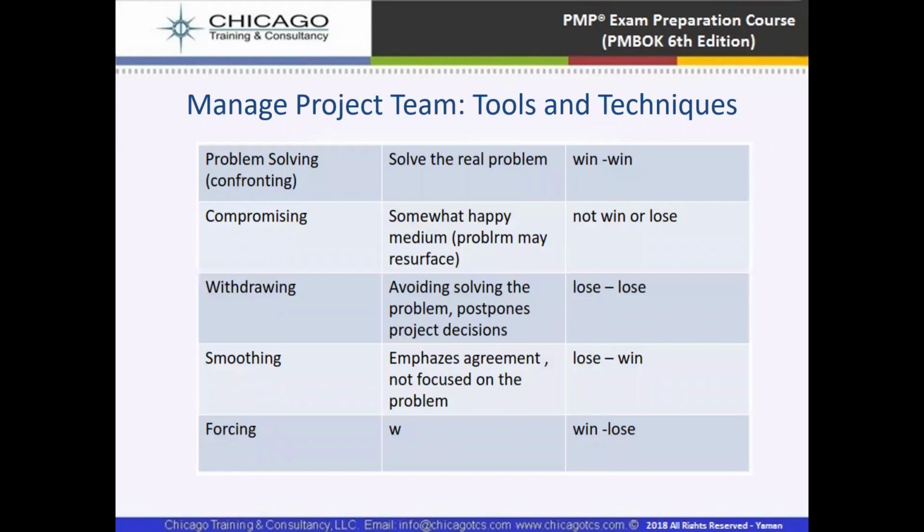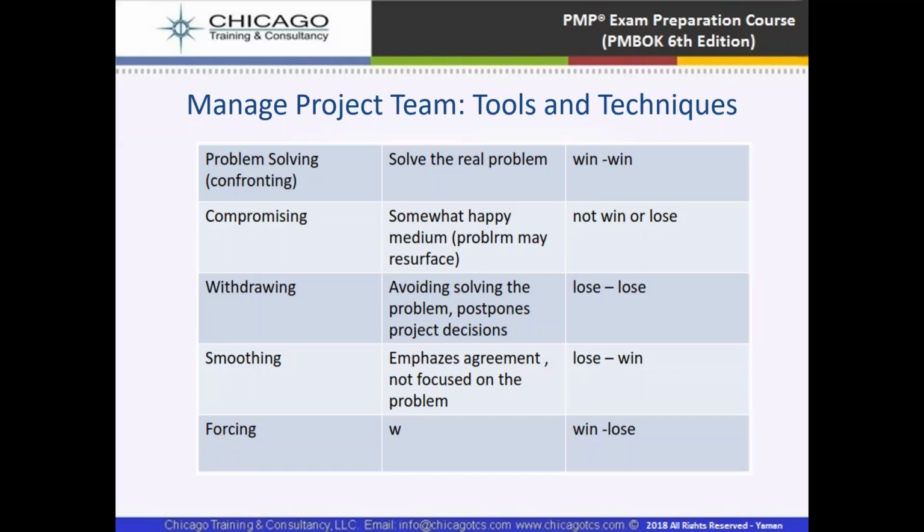Here are the differences. In problem solving, the real problem is solved, and it is a win-win solution. In compromising, it is a somewhat happy medium, and the problem may resurface. It is not win or lose, so we just compromise between the parties. Then there is withdrawing, or avoiding: we postpone solving the problem, or we withdraw, which is a lose-lose condition.